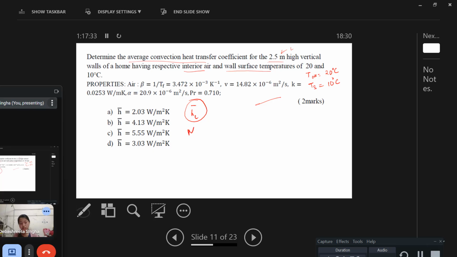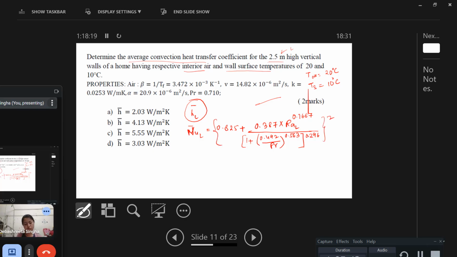So we find out Nu L, which is given by 0.825 plus 0.387 into Ra L to the power 0.1667, divided by 1 plus 0.492 divided by Prandtl number to the power 0.563, whole to the power 0.296, whole to the power 2.